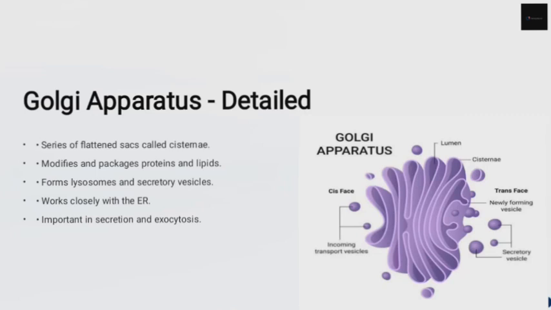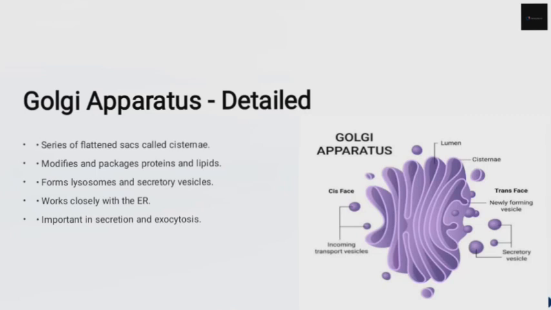The smooth one does not have ribosomes, which enables it to produce what? Lipids. So since it is producing proteins and lipids, it is sending them to the Golgi apparatus. The Golgi apparatus is receiving them, arranging them, and what? Distributing them where? Out. So also it is important in secretion and exocytosis. Exo means outside, cytosis means cell. So combine these two words together, it means what? Sending something outside a cell.